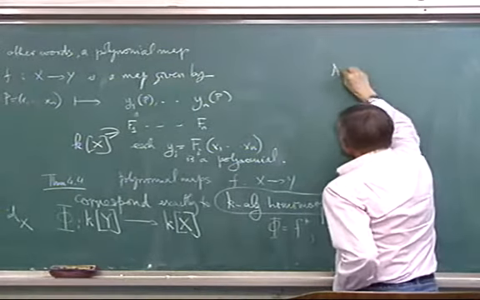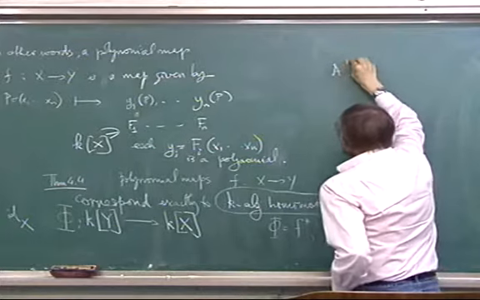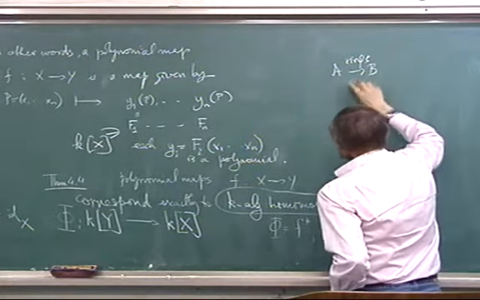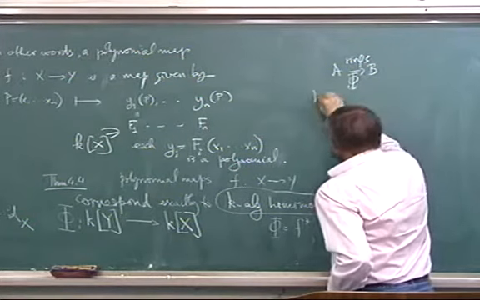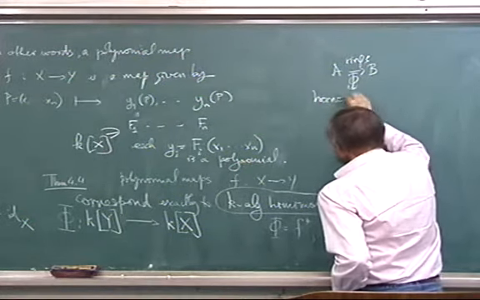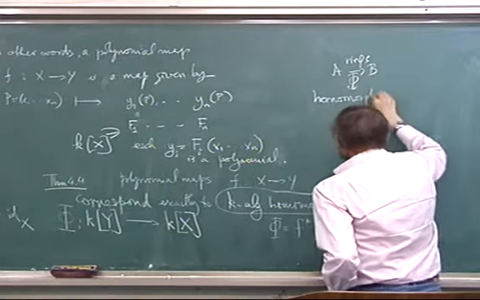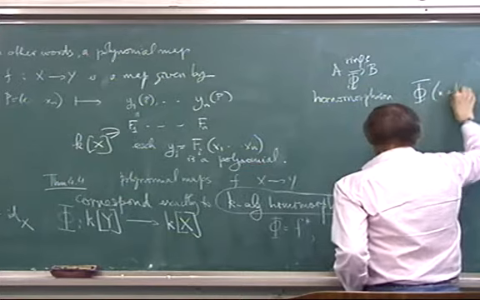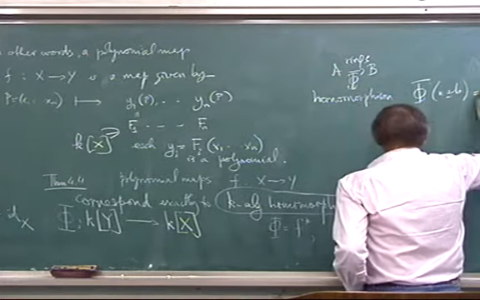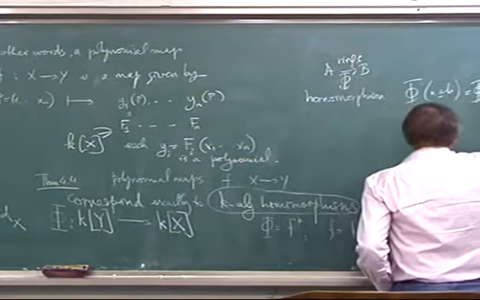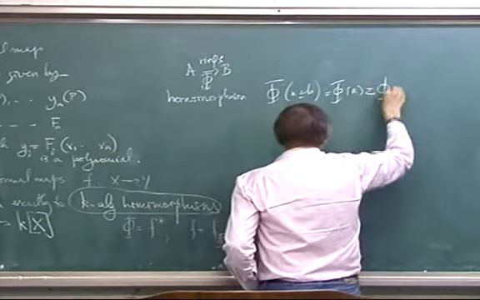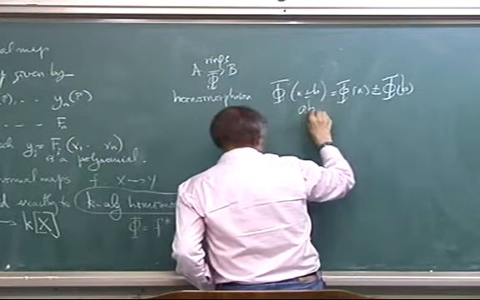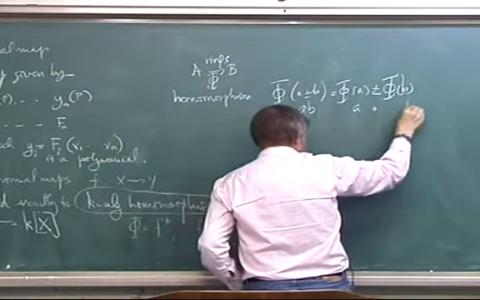If A and B are rings, and phi is a homomorphism, you know the definition, I've already said it. It means that phi of (a plus or minus b) is phi(a) plus or minus phi(b), and phi(ab) is phi(a) times phi(b).